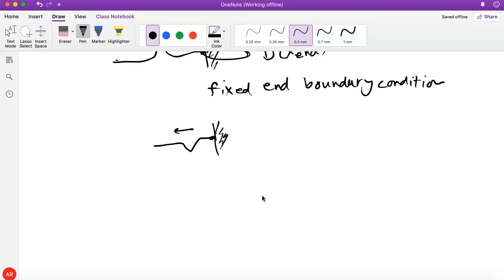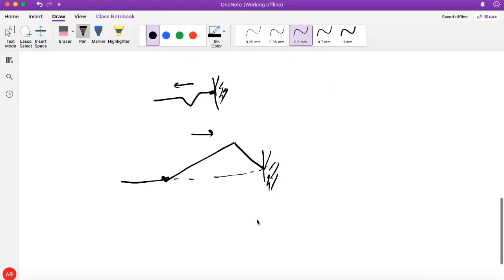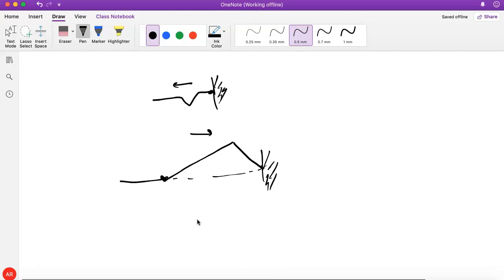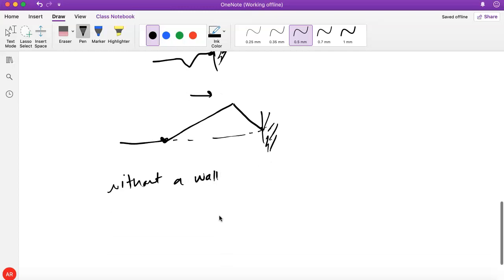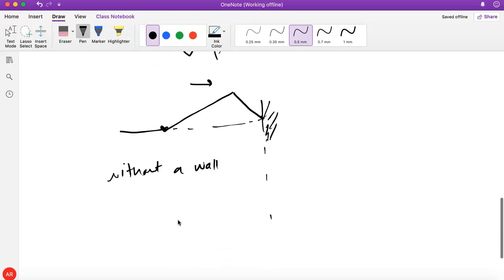Let me draw a more elaborate pulse to visualize it. Imagine something like this, let's say a triangular pulse, and it's moving this way. It has just reached the interface. If there were no wall there, without a wall, it would just keep going.